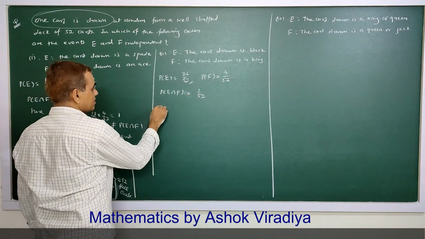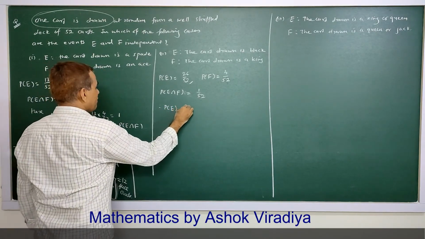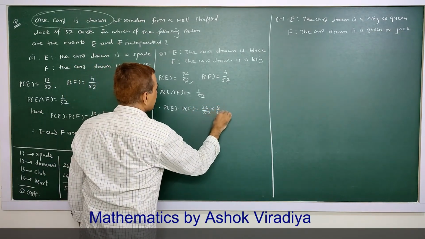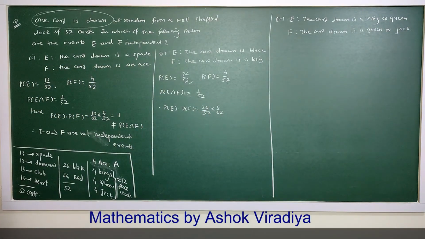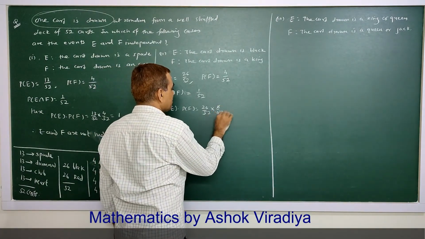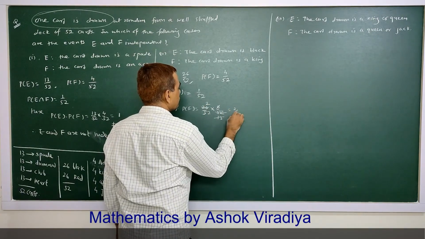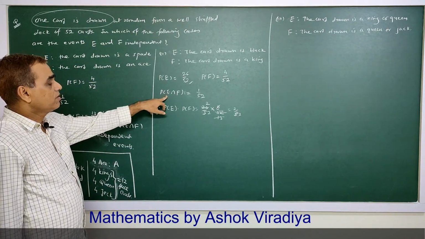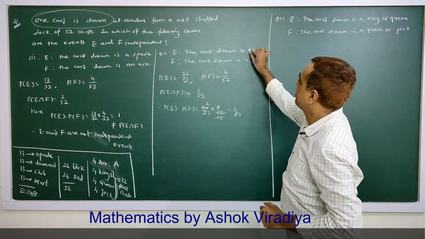So here P of E into P of F is 26 by 52 into 4 by 52. Sorry, here I have made a mistake. This is black color.